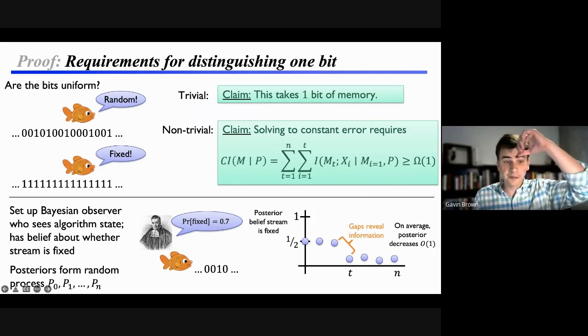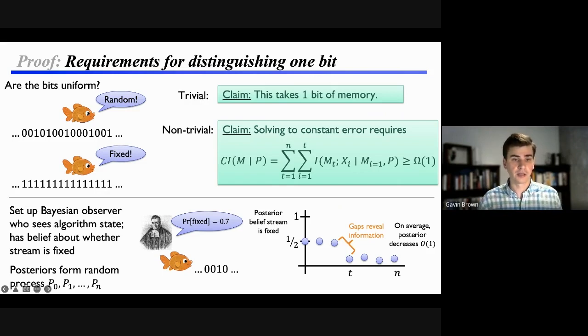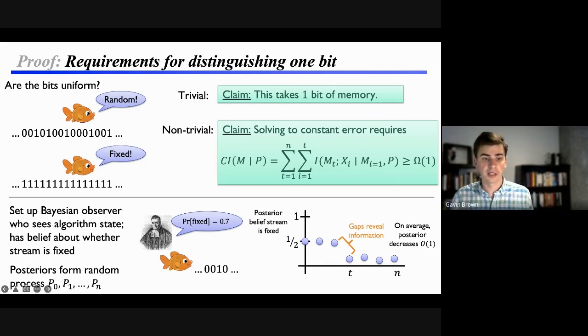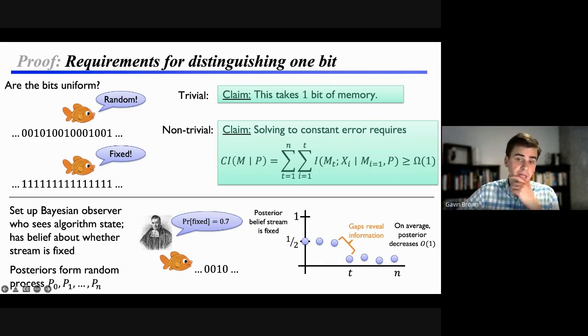In the proof itself, we set up a Bayesian observer who sees the algorithm state. And so, Reverend Bayes has a belief about whether or not the stream is fixed. These posteriors form a random process, P0, P1, all the way through Pn. And it's this random process that we analyze in our proof. So the prior belief starts out at 1/2 because it's uniform either way, which the stream could be.